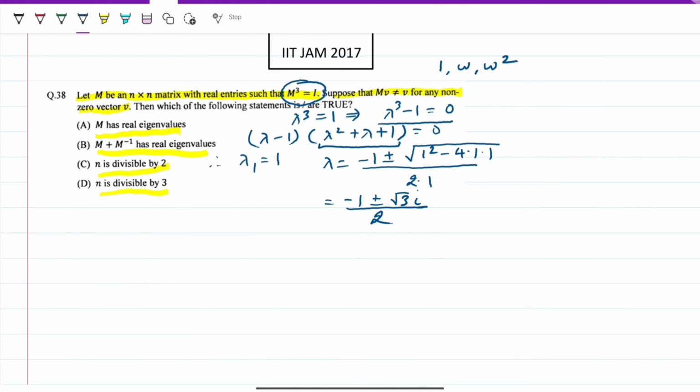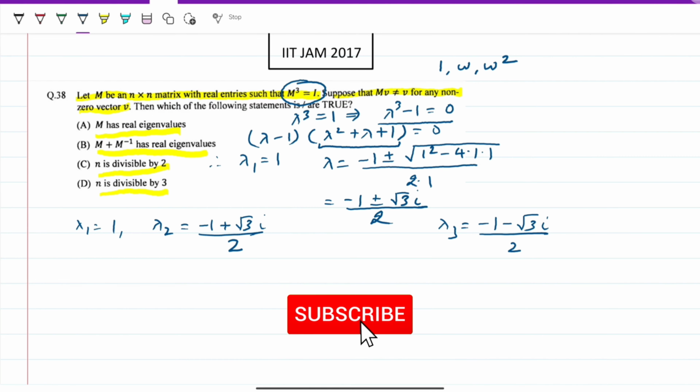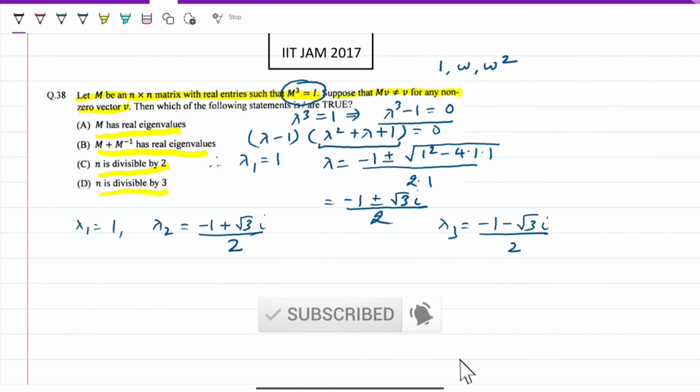So we can say that lambda 1 is 1, lambda 2 is equal to negative 1 plus square root of 3i over 2, and lambda 3 is equal to negative 1 minus square root of 3i over 2. Those who are familiar with complex numbers will recognize this as e raised to 2 pi i over 3, and this is equal to e raised to 4 pi i over 3. So we have got 3 solutions to this.